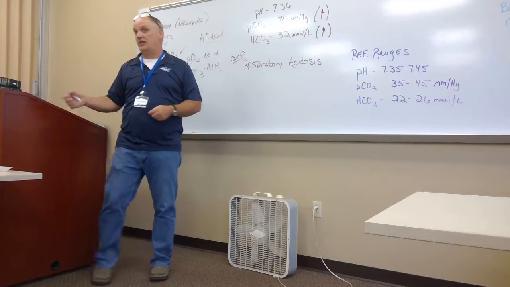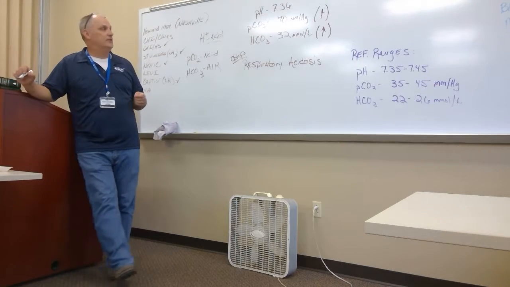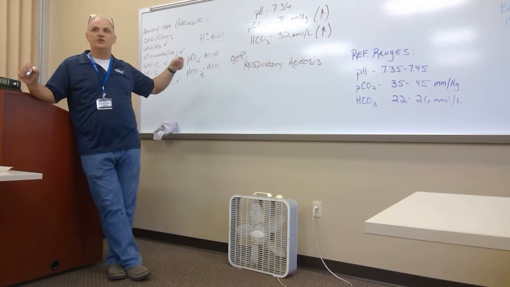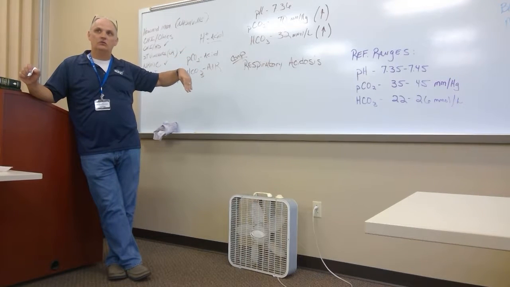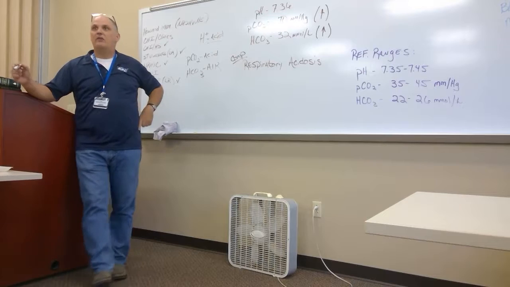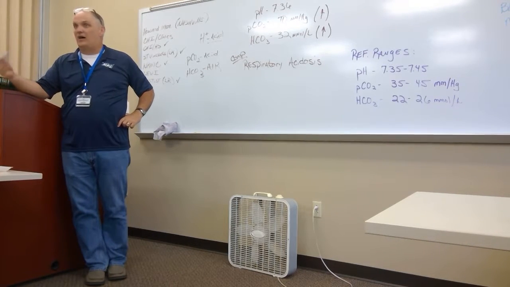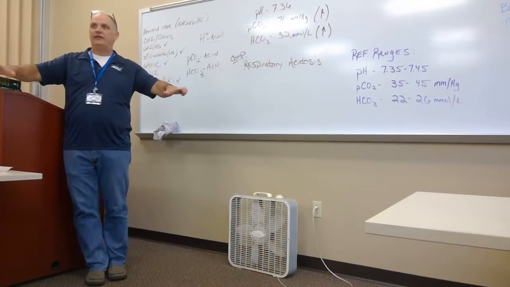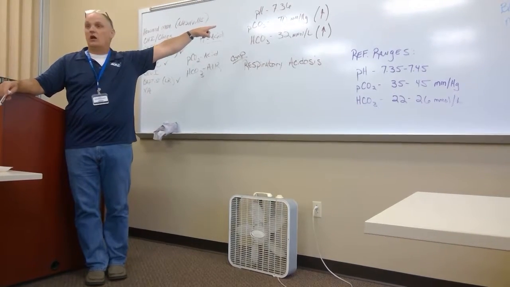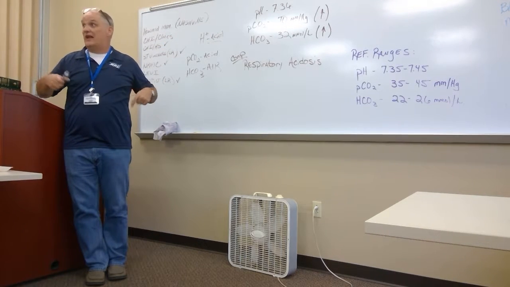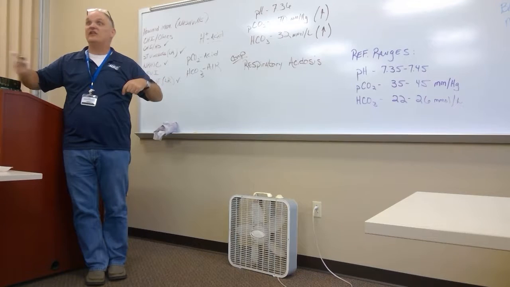The only other question I'm going to ask you is, is this going to be a quick compensation or is it going to be over the long haul? If the body compensates through the kidneys, it takes a while for the compensation to be fully activated. But if it compensates through the lungs, like hypo or hyperventilating, it's quick acting.